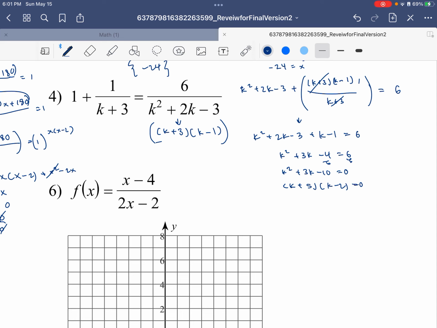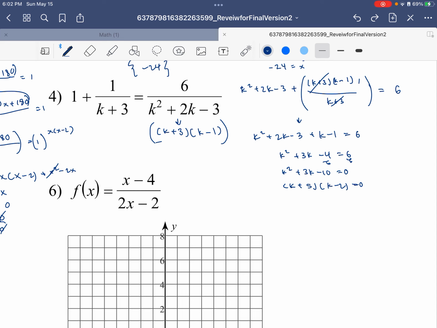We did this way at the beginning of the year, so just a quick review. When you have a trinomial like this, which is where you have 3 terms, with a second degree and then it descends, we have k squared, k, and then just a term.